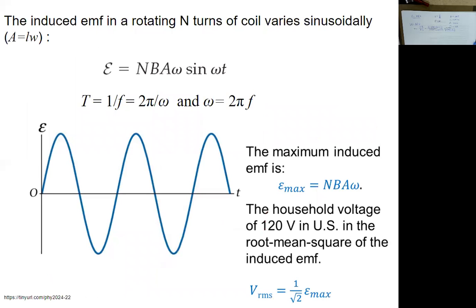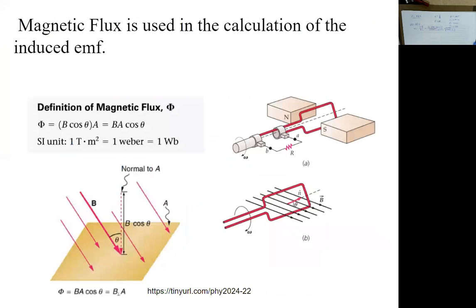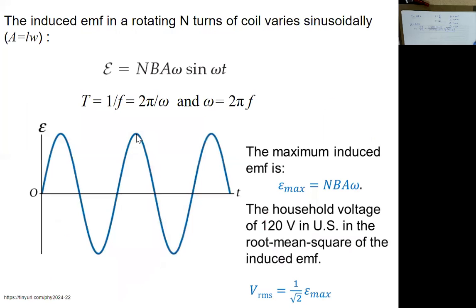Now, if you are driving the coil with a constant speed, then the angular speed will be constant. So the term B times A times cosine will be a cosine function for flux, and the rate of flux changing should be a sine function.